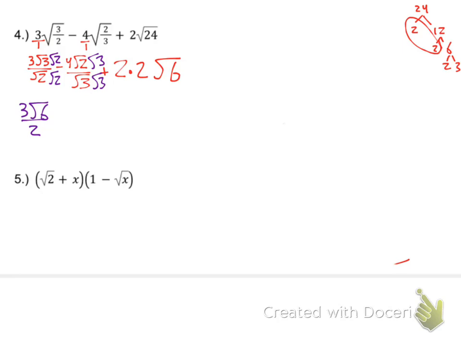If you're not, you got to speak up. Minus, wait a minute, this one's over 3 because square root of 3 times square root of 3 is 3. And now we have square root of 2 times square root of 3, and that's times 4. So 4 square root 6.